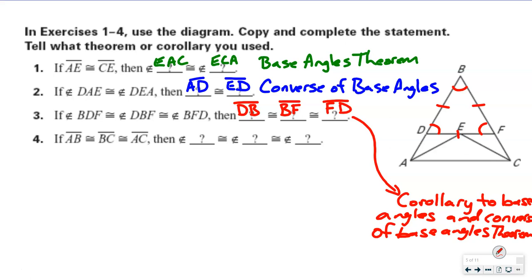So that's corollary to base angles and corollary to converse of base angles.